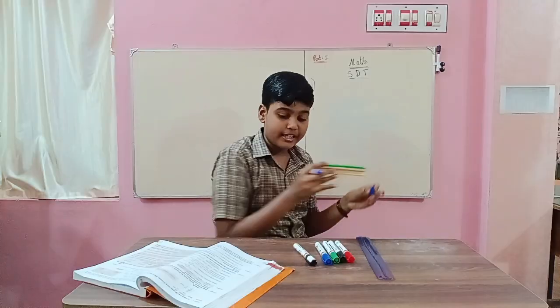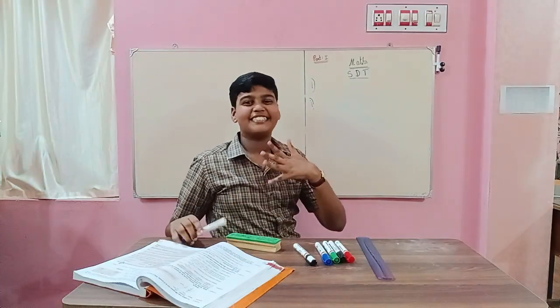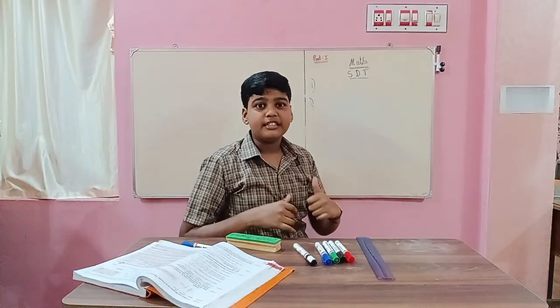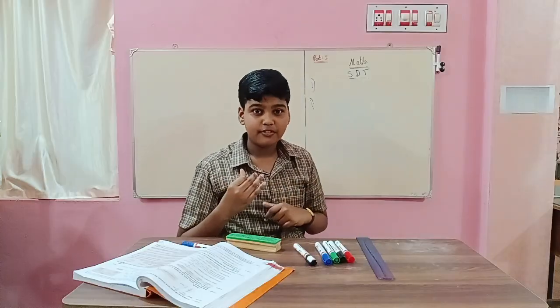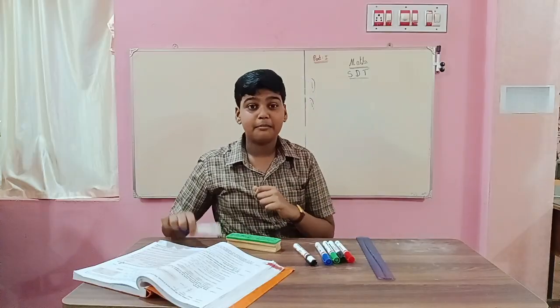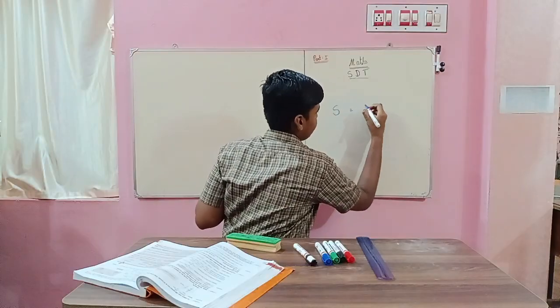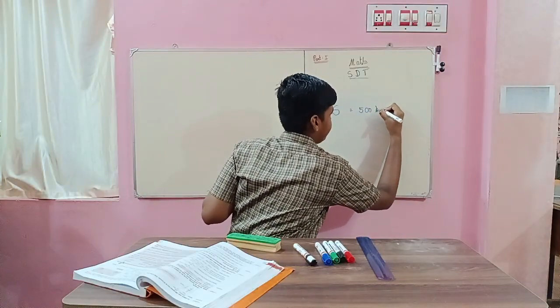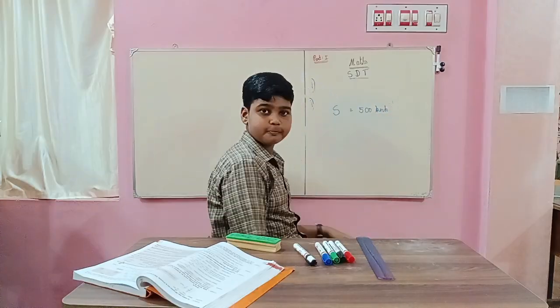Let us move to the next, person B. First person A, now person B. He is traveling from Delhi to Agra at a speed of 500 km h minus 1. So here speed is given, 500 km h minus 1.